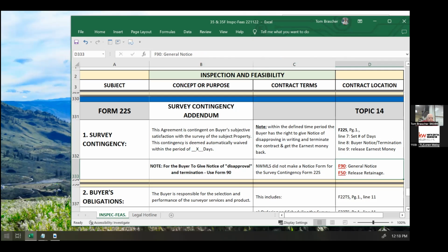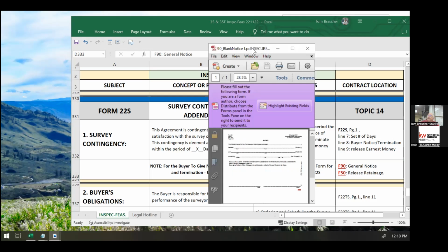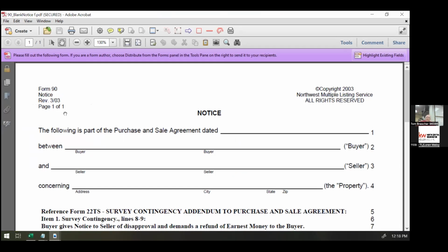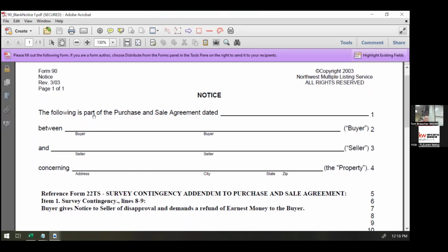So what I have done, and what I'll include in the minutes, is that I pulled up a Form 90.